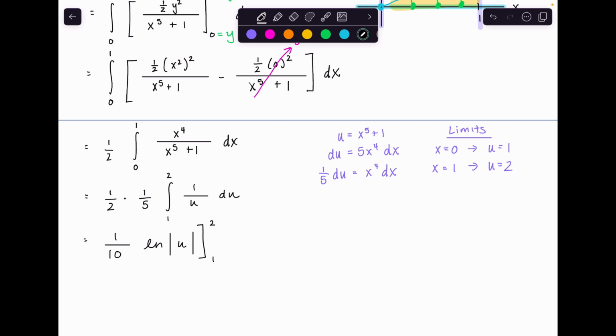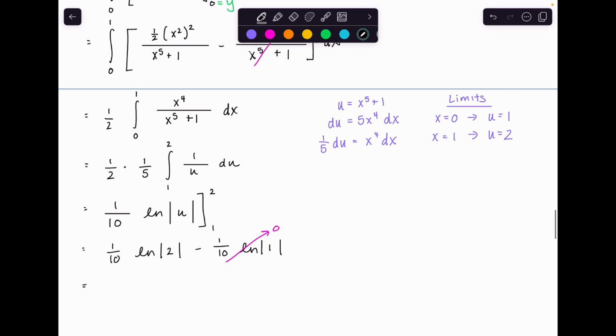And then this gets evaluated from 1 to 2. So plugging in 2 gives me natural log of the absolute value of 2. Plugging in 1 gives me natural log of 1. But remember, natural log of 1 is 0. So really, this ends up equaling 1/10 natural log of 2.